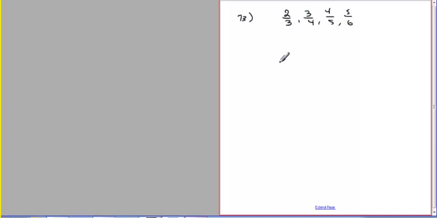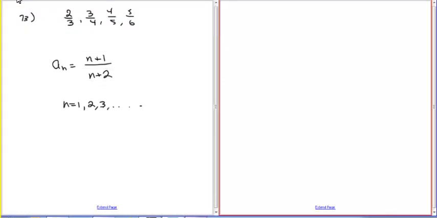We start at 3 and we decrease by 1. So the equation is going to be (n plus 1)/(n plus 2), and we start at n equals 1. So when n equals 1, I'll get 2/3, then I'll get 3/4. Okay, so that was pretty easy.